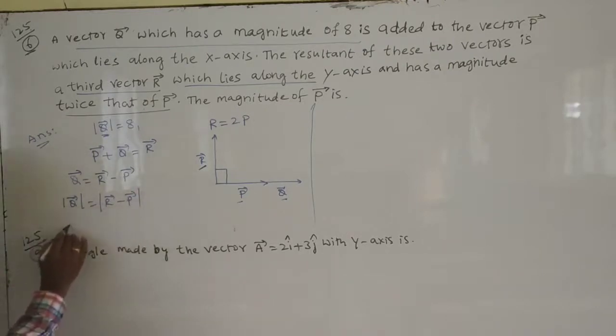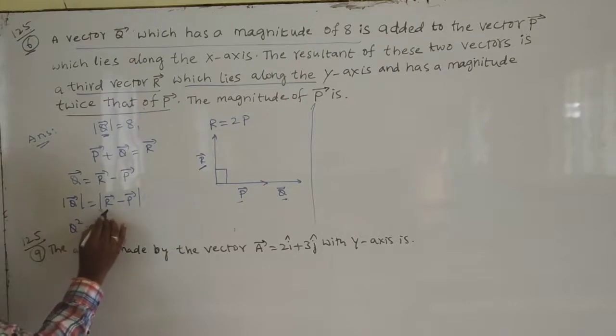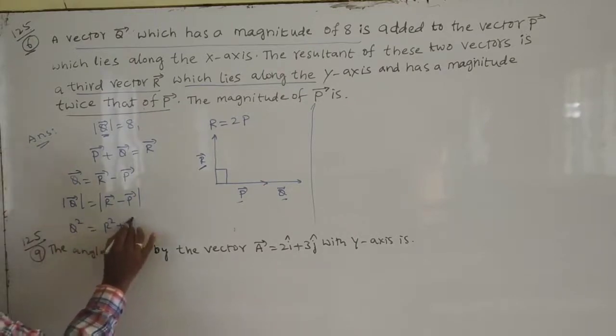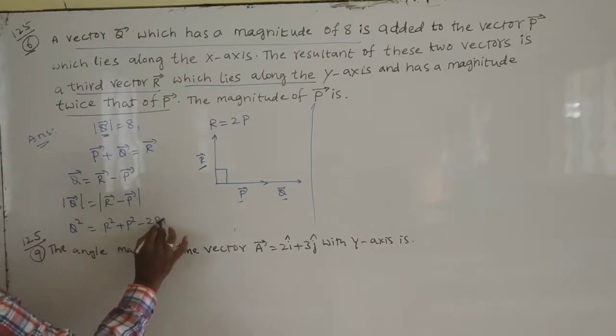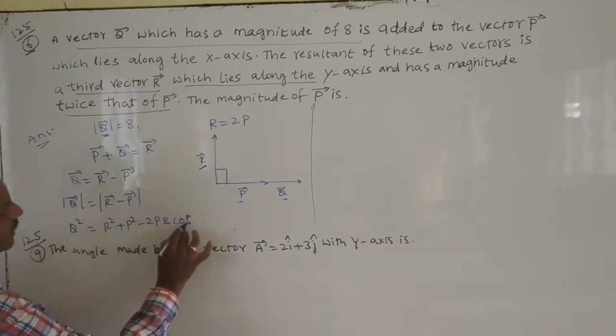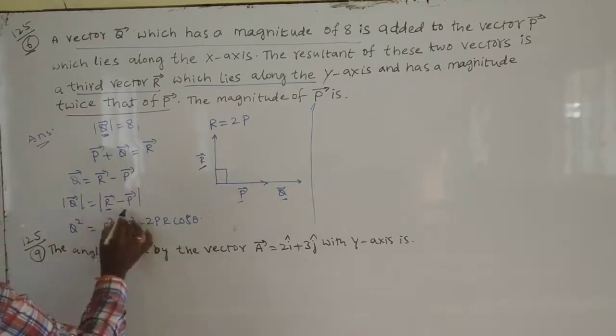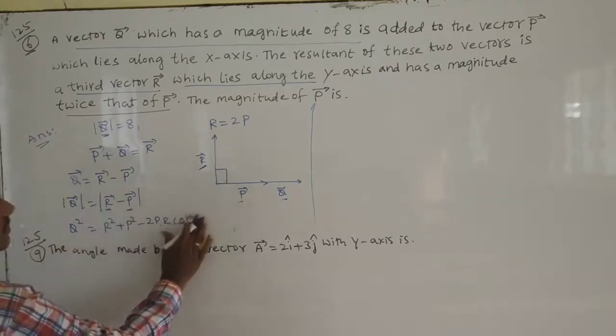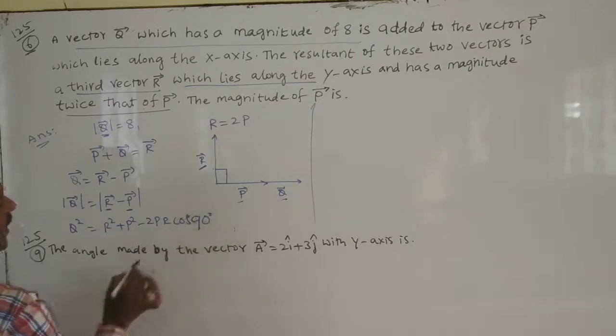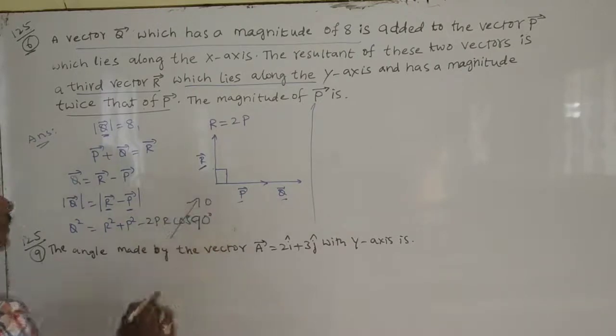So we can write this as q square equals r square plus p square minus 2pr cos theta. Now what is the angle between r and p bar? R and p bar is 90, so cos 90 becomes 0.